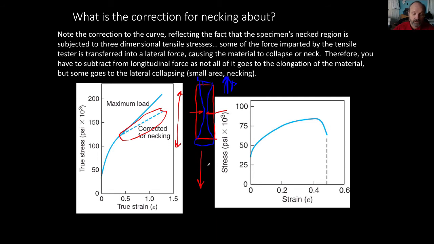So your machine's telling you, I'm pulling on it with some force. Let's label it P1. That's what the machine sees. But some of that force is going to be transferred laterally. So the actual force on the material itself is the longitudinal force, let's call it PL.